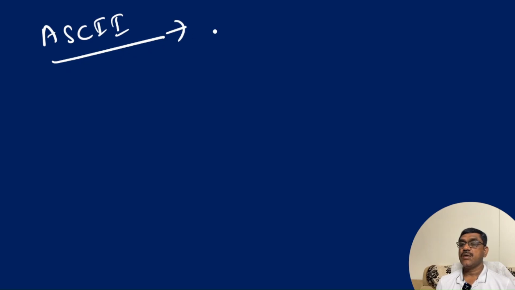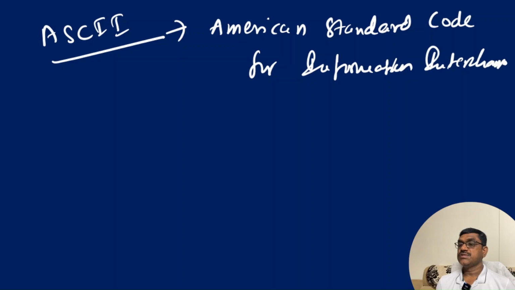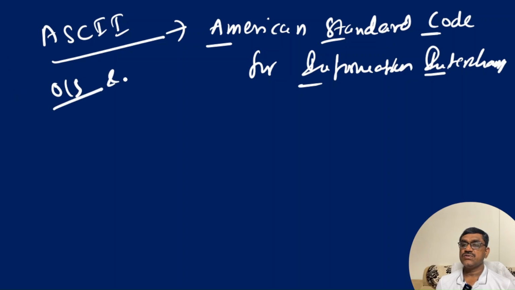That means American Standard Code for Information Interchange. So ASCII, American Standard Code for Information Interchange. Why do we need this? Because I said that the machine knows only machine language. That means everything in the memory is represented, or everything is processed, in terms of zeros and ones.